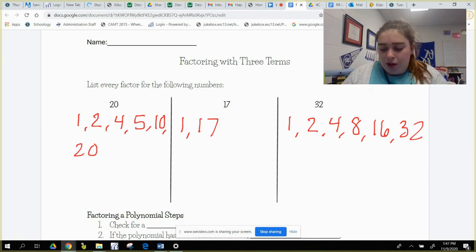Those are the only factors of 17. No other numbers will work. And then 32 has a good list of factors that might have taken you a little bit more time than 20. But that is just us practicing factoring with numbers we use all the time, because we're going to be using that a little bit more today.